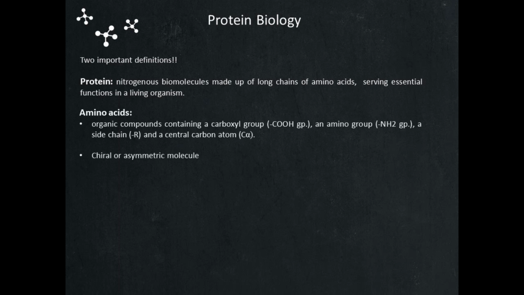And what is an amino acid? Amino acids are organic compounds containing a carboxyl group, an amino group, a side chain, and a central carbon atom. These molecules are chiral or asymmetric molecules, which is a very important property of amino acids, as we shall discuss in the later slides.